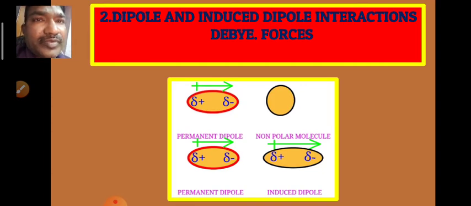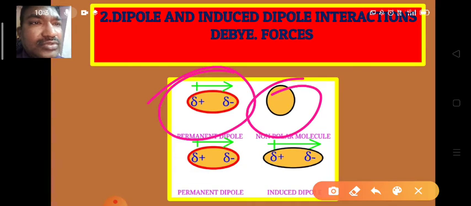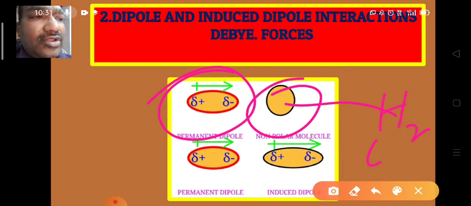Sometimes, in the presence of some dipoles, non-polar molecules also begin to behave as dipoles. For the non-polar molecules, we can take homoatomic molecules like hydrogen, oxygen, nitrogen.